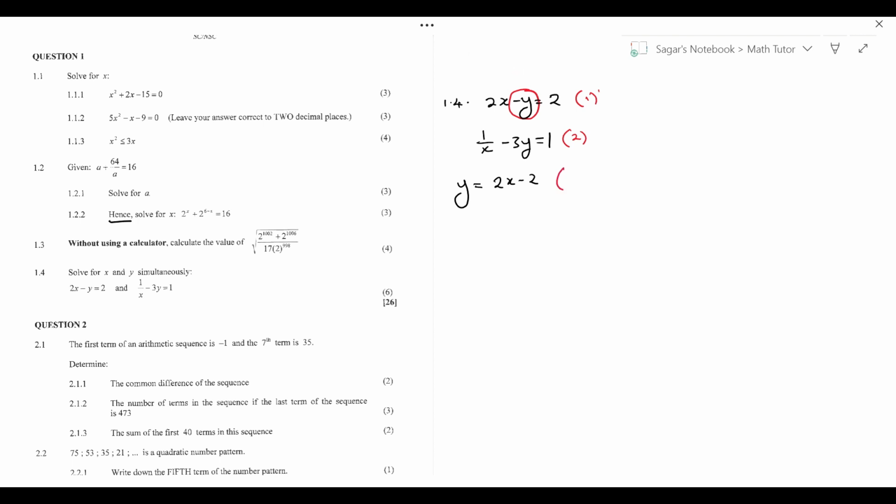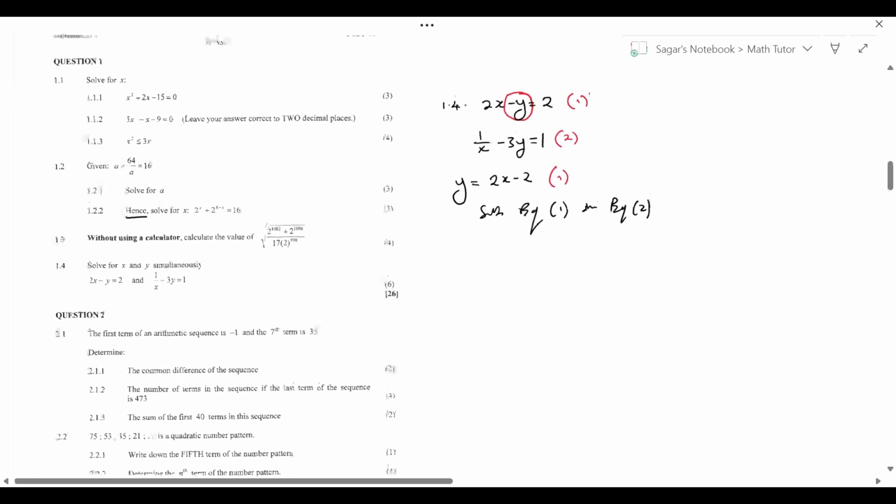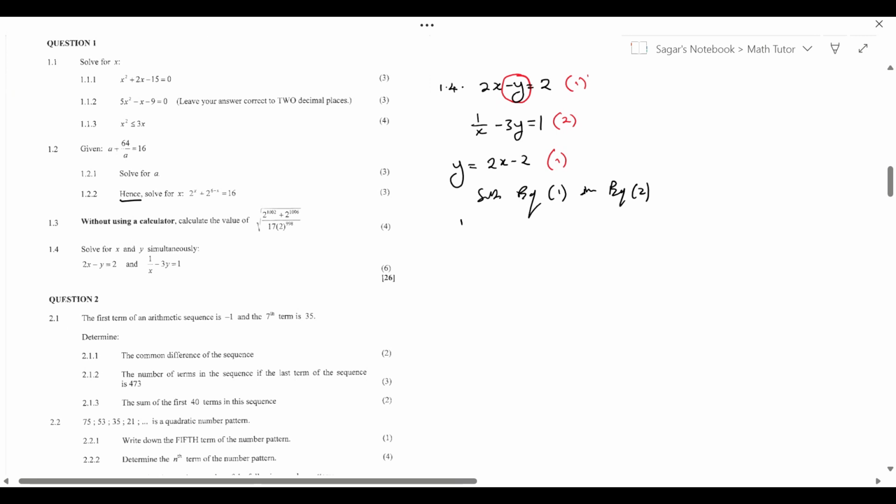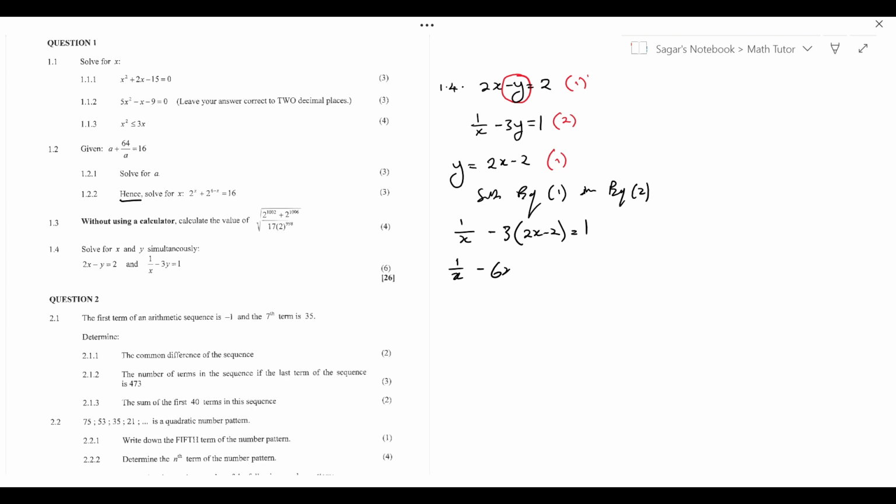Right? Equation 1. Now I'm going to substitute equation 1 in equation 2. And that will give us 1 over x minus 3 times (2x minus 2) equals 1. Now if I do some gymnastics, we're going to get 1 all over x minus 6x plus 6 equals 1.